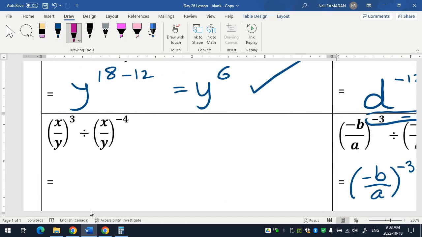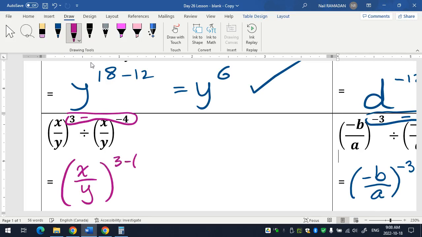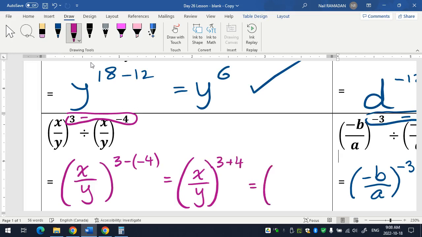Same idea. What does this one become? What's the last thing you can do?